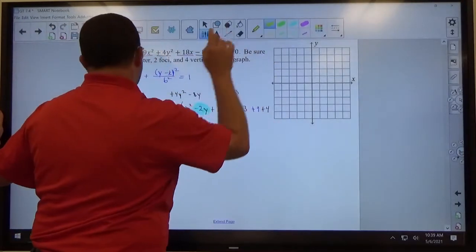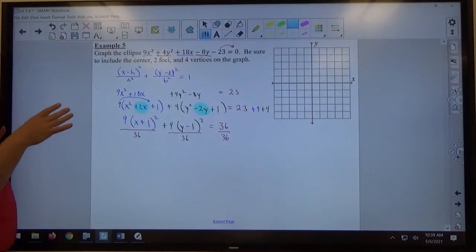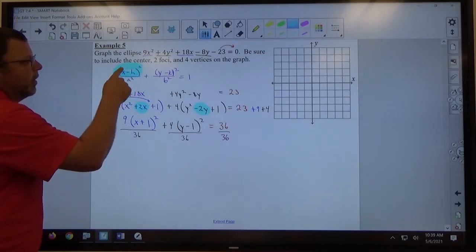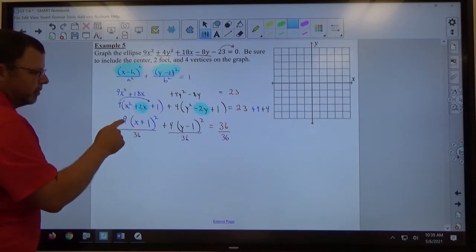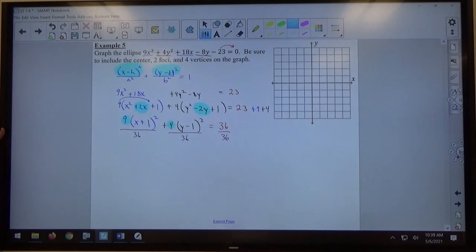Now, what I want you to recognize, and again, I've been doing this a long time, so I recognize things maybe more than you guys do, but notice there's nothing in front of this, and there's nothing in front of that. So we can't have anything in front. That 9 and 4 has to go away. One of two things is going to happen in this step. The first thing would be nice if it happens, and it does happen in this case, but doesn't always happen.